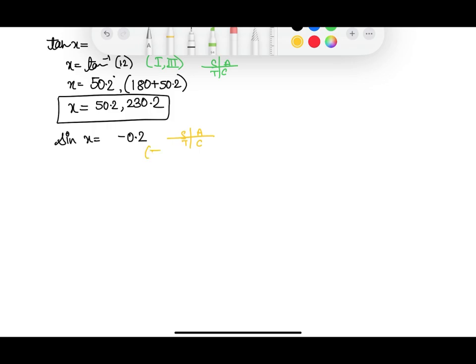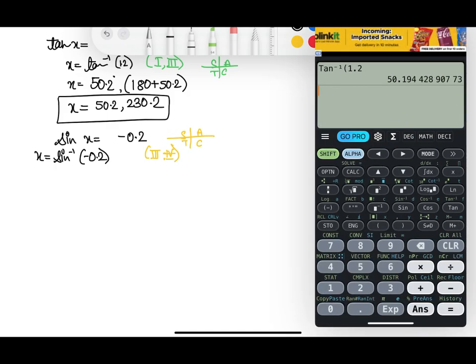So here we have to check the value for the third and fourth quadrant. Third quadrant means 180 plus, fourth quadrant is 360 minus. So x will be sine inverse negative 0.2. Here we don't need to do anything with the negative sign. We directly find the value of 0.2 by putting it in the calculator, and the negative will decide which quadrant we have to look into.